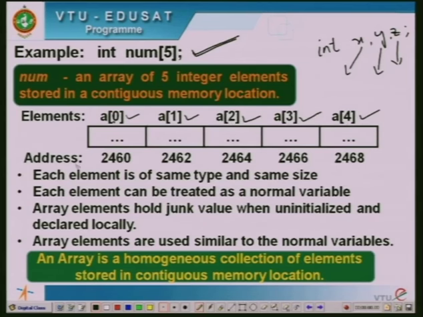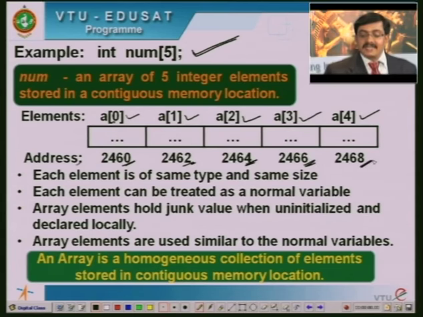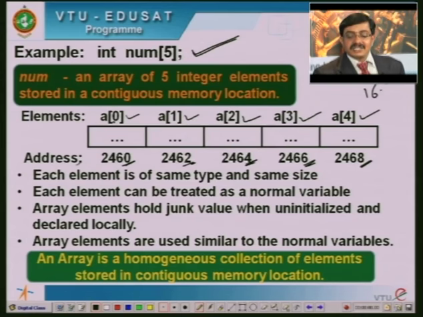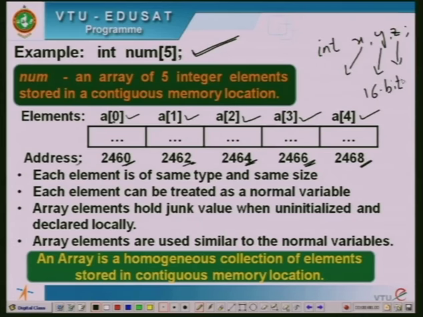Now the addresses corresponding to these elements are 2460, 2462, 2464, 2466, and 2468. Here I am assuming a 16-bit machine, where the size of an integer is 2 bytes.